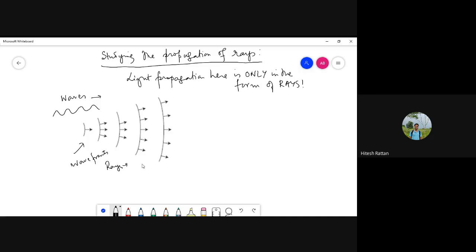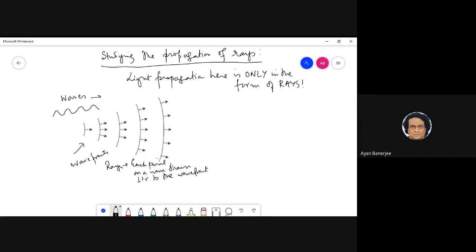So each point on a wave, drawn perpendicular to the wavefront, is something that is normal.